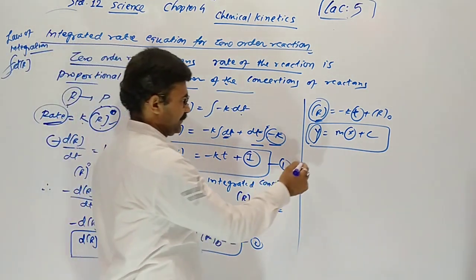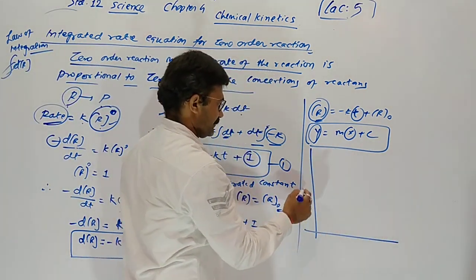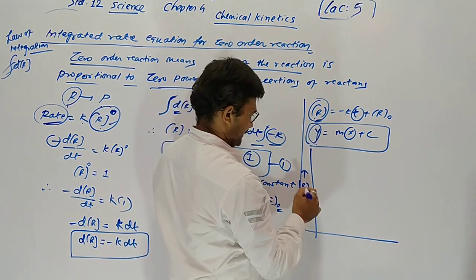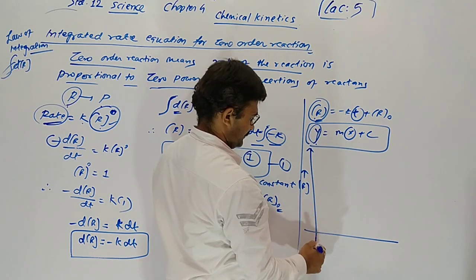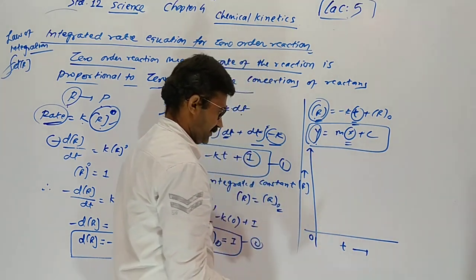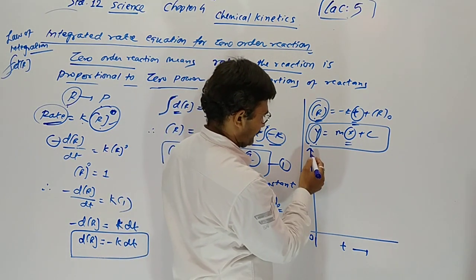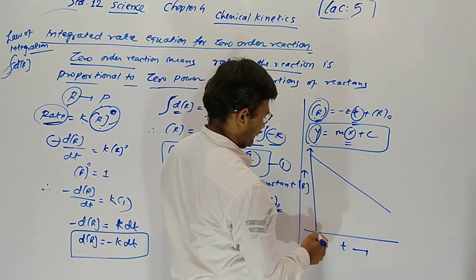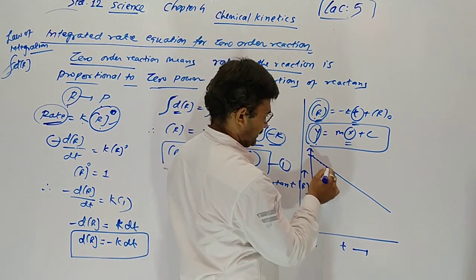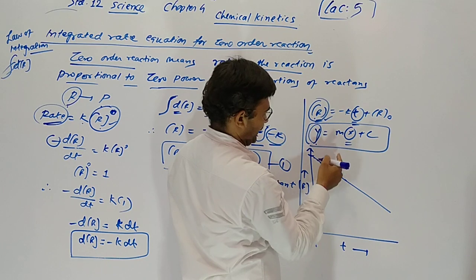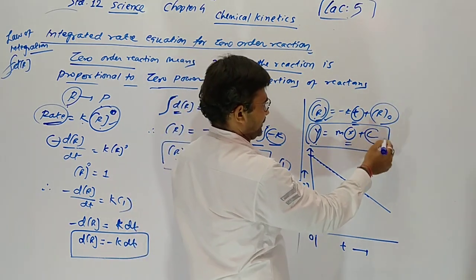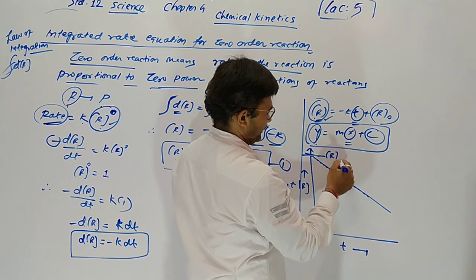If we draw R on the y axis and time t on the x axis, you can see that with passing time the concentration decreases. At the initial stage the concentration is high. As time passes, the concentration of R decreases. The intercept on the y axis gives R0, the initial concentration.